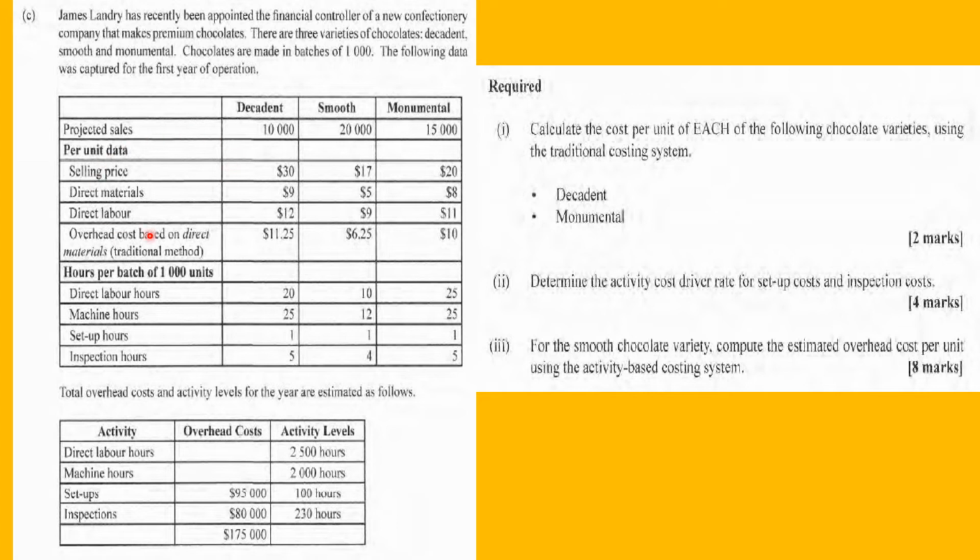Okay, so the per unit data is most likely for the job costing, and the batch is for the activity-based costing. We are given some activity levels and activity costs, overhead costs. Notice these two boxes here are empty, right? So it means these are not all the overheads, there may be some others here.